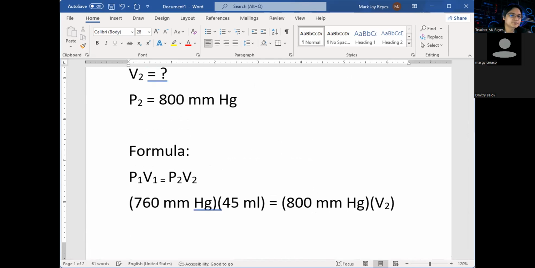Substitute again. Okay, what should we do next? Based on the concept they're given, what should we do next? Since you already substituted the given on the formula according to Boyle's law, we are looking for V2.